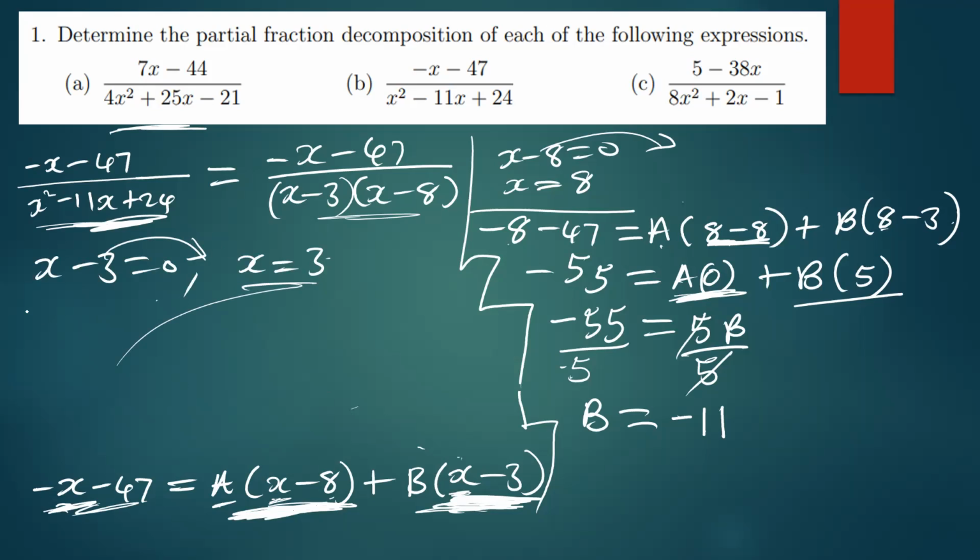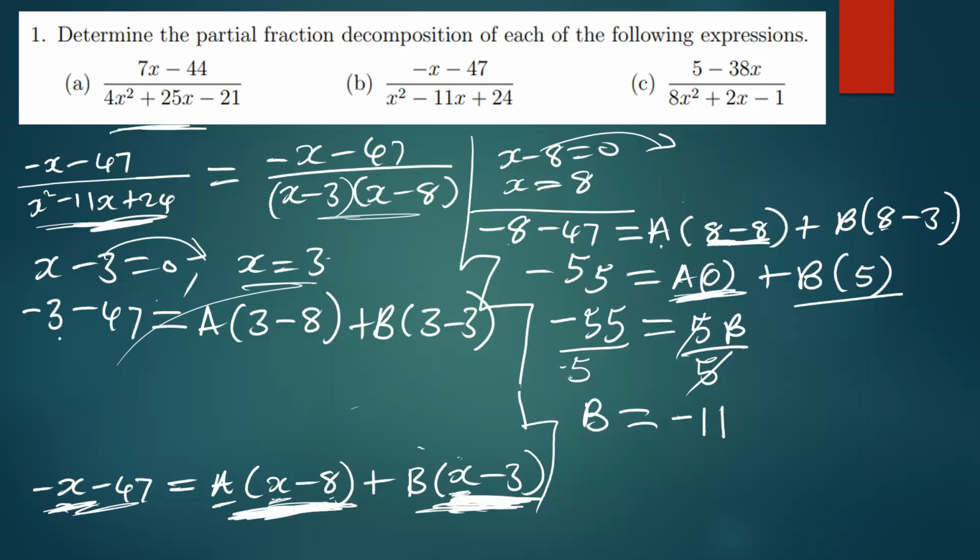So I'll start negative, where there's x, I'm putting 3. Then we say -47. This is equal to a, where there's x, I'm putting 3 minus 8. Then I have plus b, and in brackets there, where there's x, I'm putting 3 and -3.